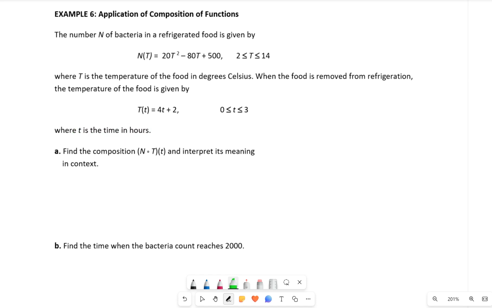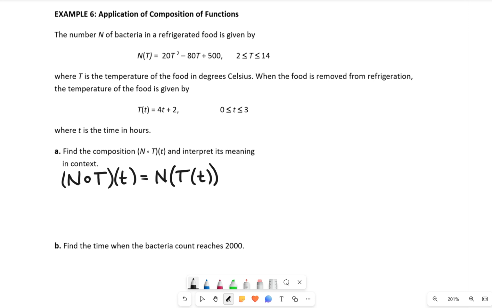So, they want us to compose n composition T of t. Let's rewrite that in function notation, n of T of little t.